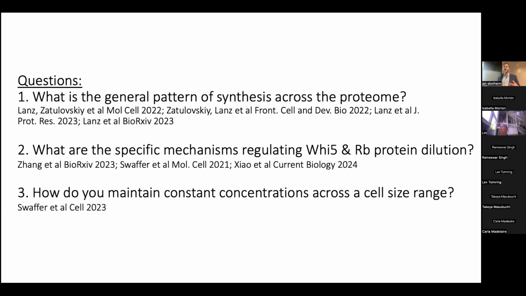Third, now that we've been thinking about the molecular mechanisms giving rise to these diluted proteins, it's made us rethink how you even generate a single protein which stays at approximately constant concentration as the cell grows. The more you think about it, the more you realize that this isn't a trivial problem either. And we made some progress on that in the paper we published late last year.